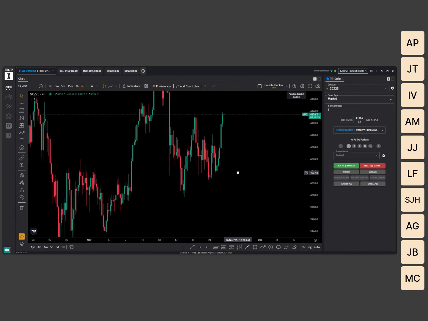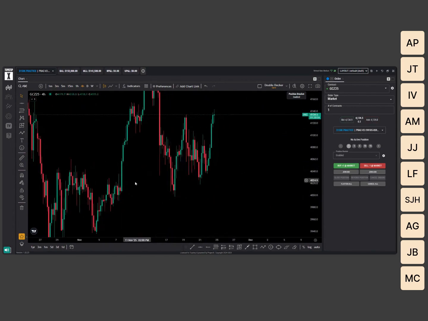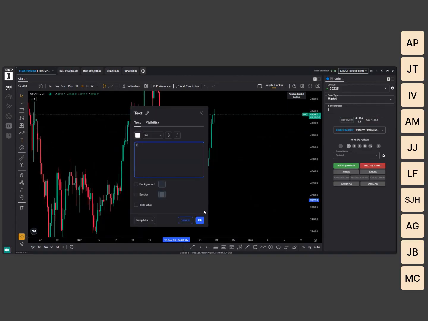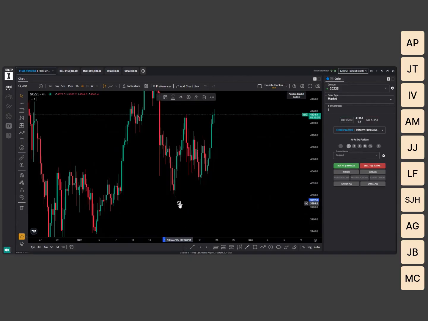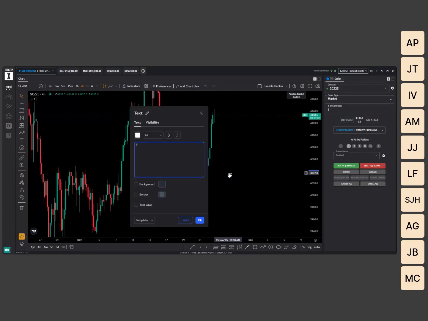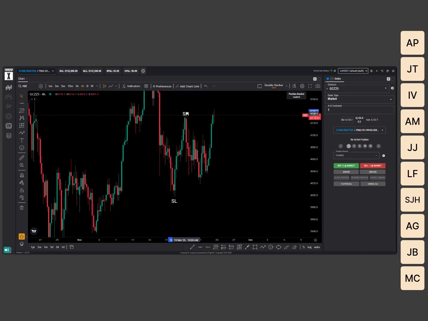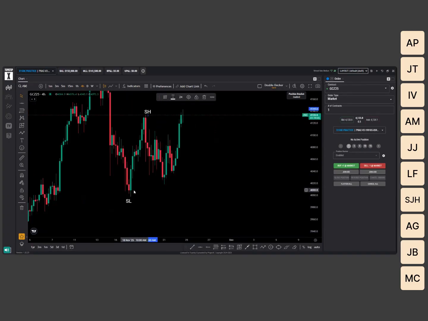These swing points are much easier to see, like this and this, right? Right here is our swing low. It's our swing high. We just broke structure to the upside.